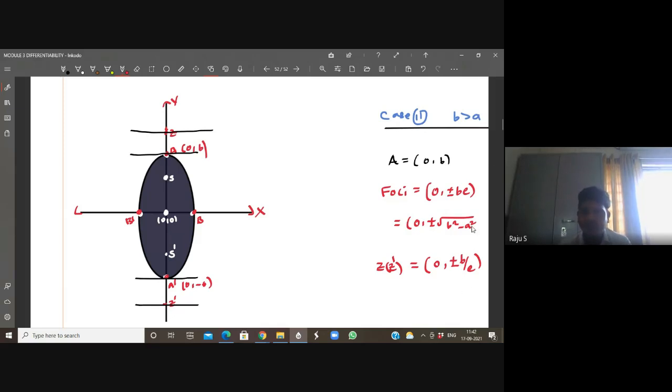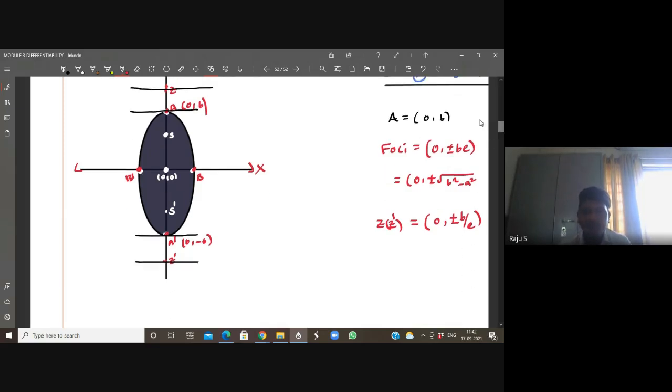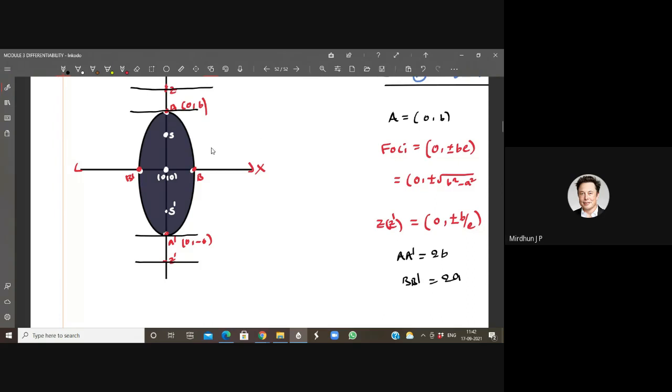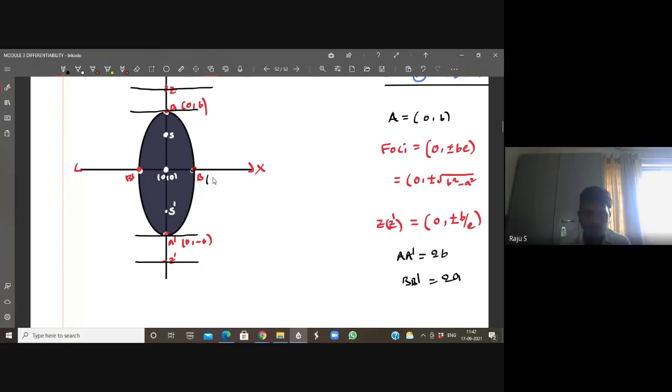And the length of the major axis, A A dash, what is it? 2b only. The length of the minor axis is 2a here. So this is a comma 0, minus a comma 0.